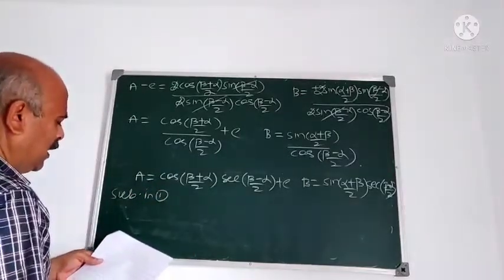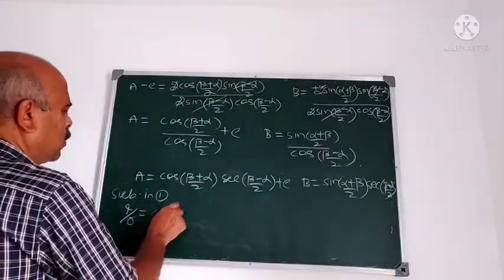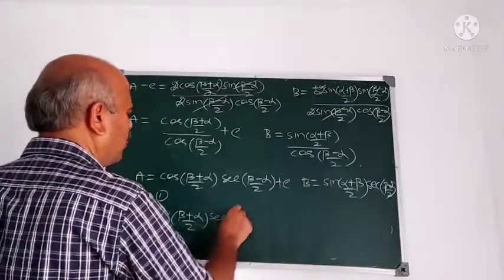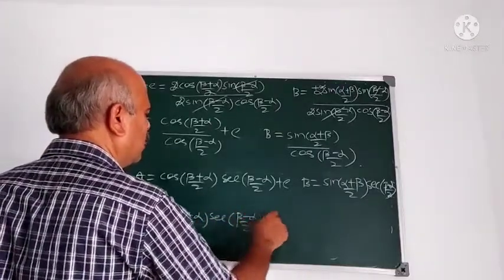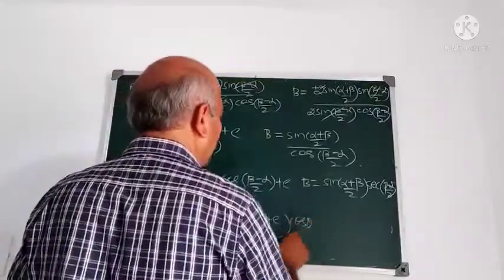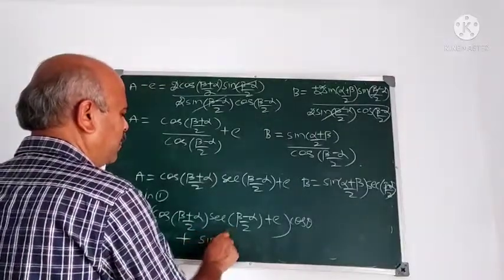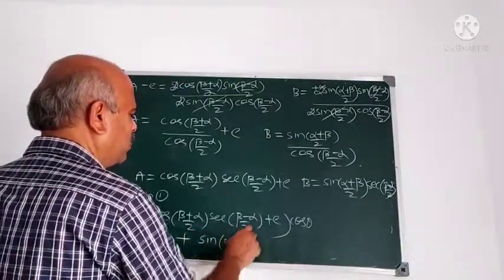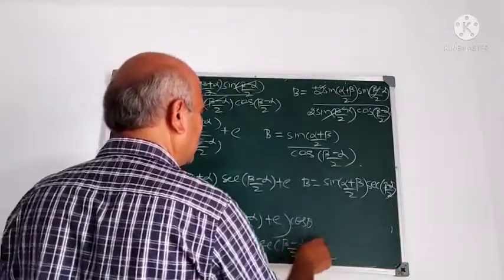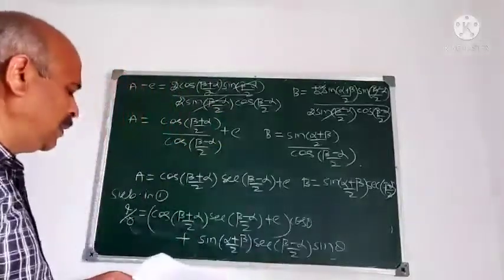Correct? What is A? L by R is cos of (beta plus alpha)/2 sec of (beta minus alpha)/2 plus E into cos theta plus B sin theta, sin of (alpha plus beta)/2 sec of (beta minus alpha)/2 into sin theta.